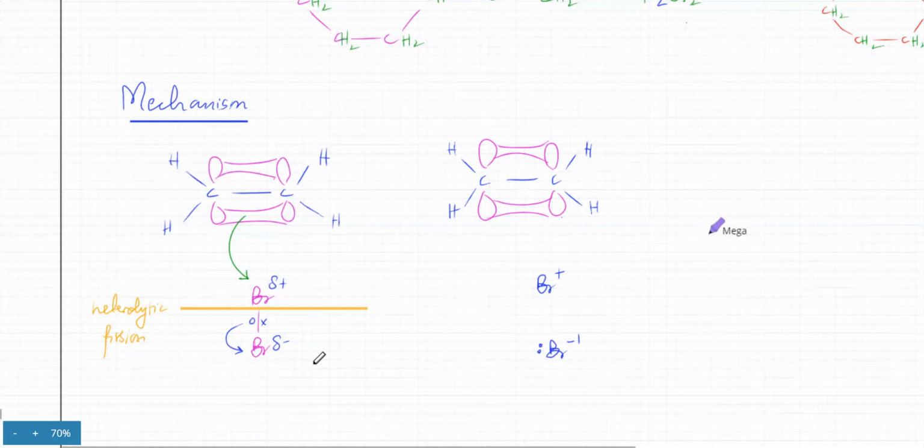Now this Br plus one is going to strongly pull the pi electron cloud towards itself. And that is what happens. All the pi electron cloud gets attracted to this Br positive. So the Br positive pulls all these electrons towards itself, and the 2 electrons in the pi electron cloud end up with this Br.